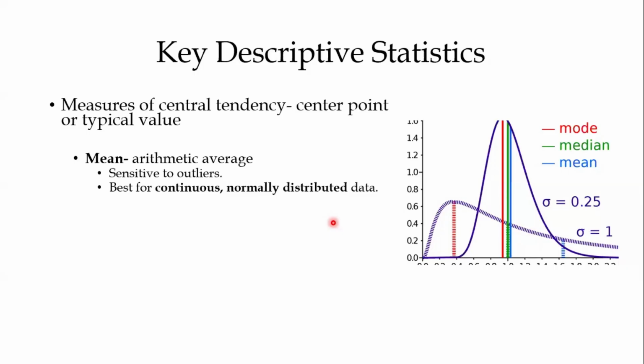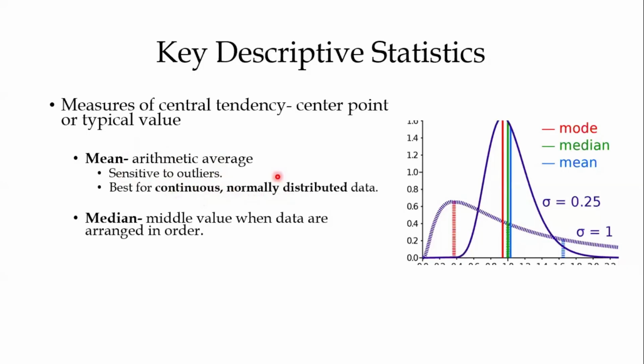But if one of the study participants who developed a diarrheal disease was 30 years, for example, then that becomes an outlier. So when you're doing the arithmetic average, that outlier is more likely to push the mean way beyond what you'd expect, right? That's why we are saying means are sensitive to outliers, and therefore they're best used when those outliers are not there, when the data is continuous and normally distributed.